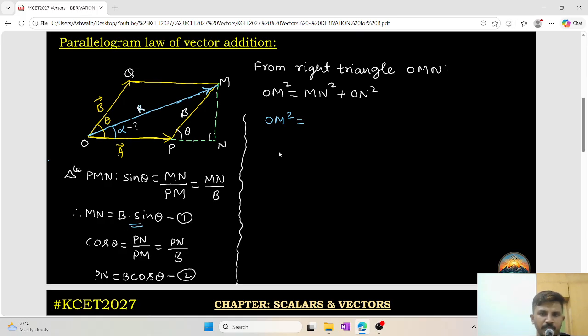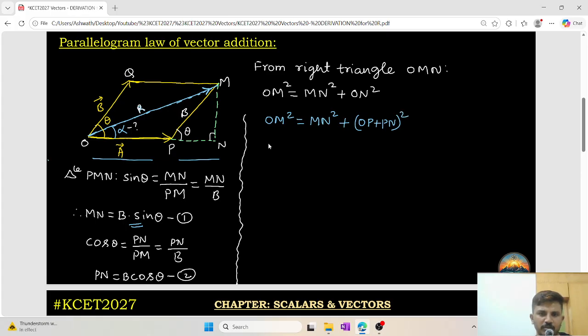What is ON? ON is the complete base from here to here. I will substitute it later. ON can be written as OP plus PN, right? So OP plus PN whole square.